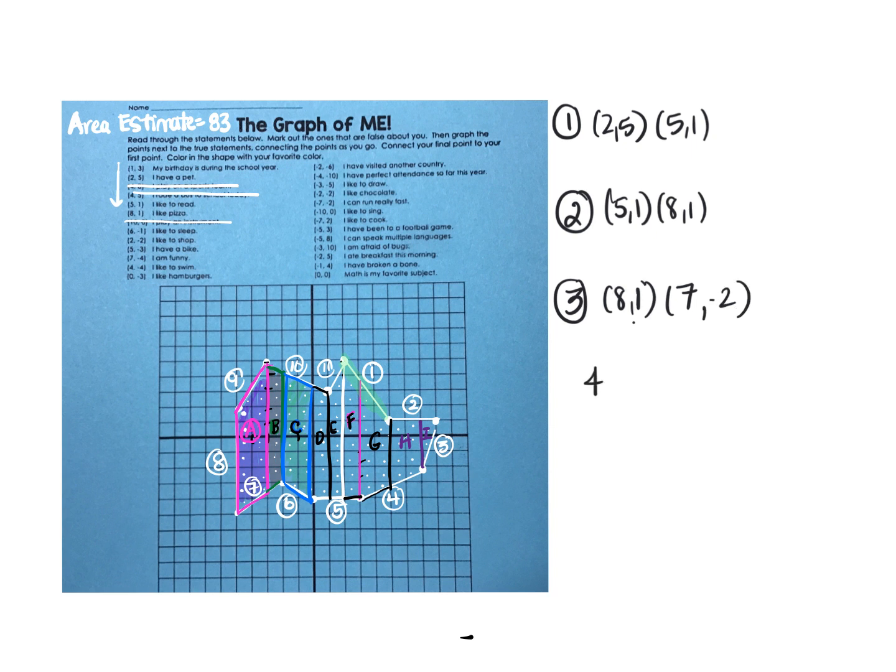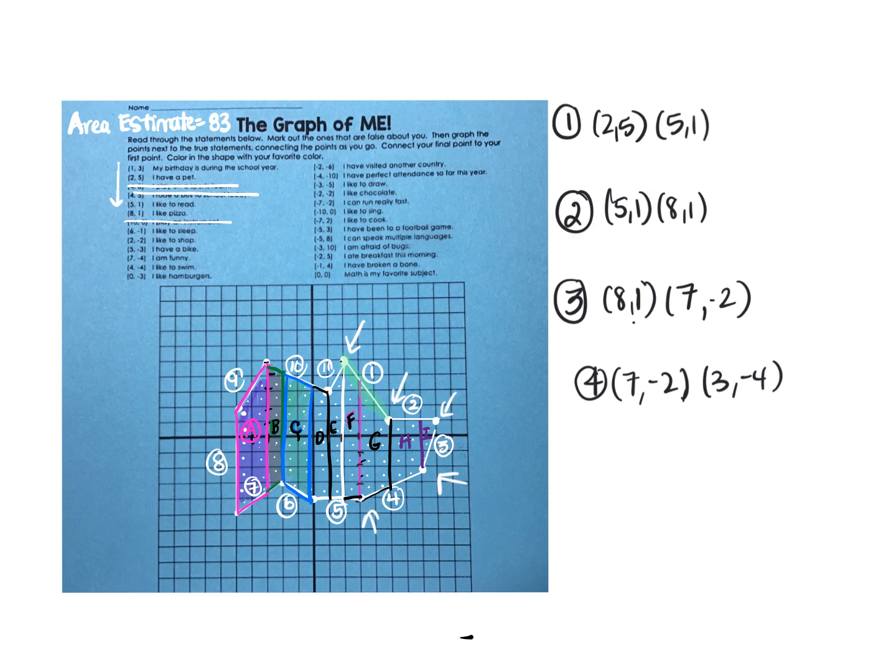And finally, number 4 there, I have (7, -2) and, let's see, that would be (5, 1), 2, 3, 4, 1, 1, 2, 3. So the next one would be (3, -4). So again, these are the points that I'm looking to get. That's the first point, second point, third point, fourth point, and fifth point.